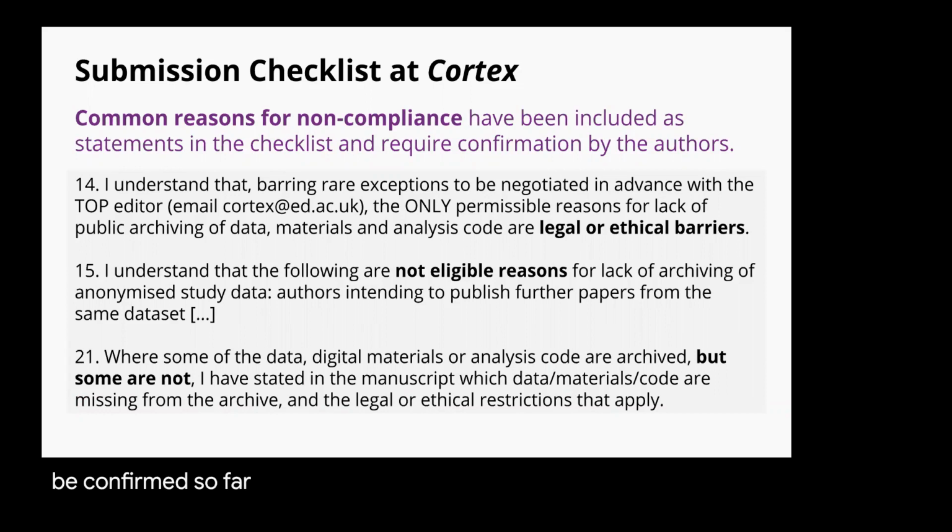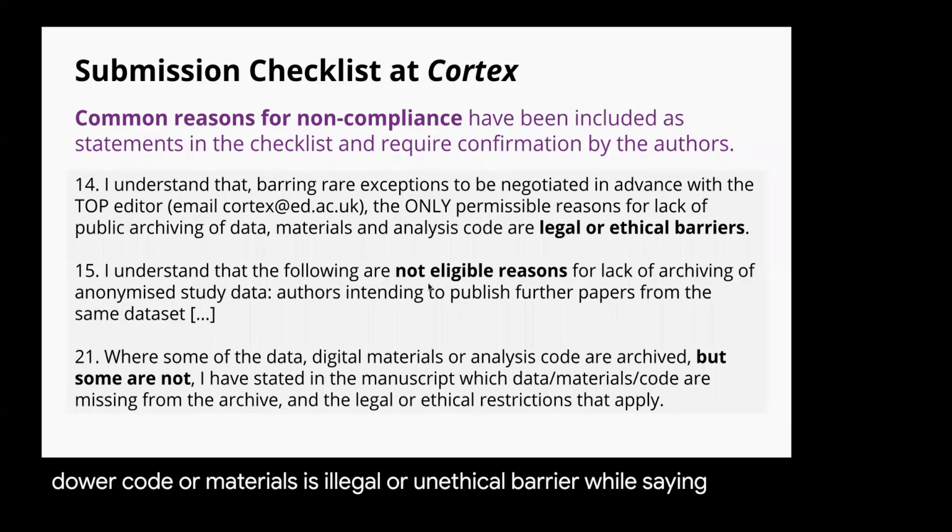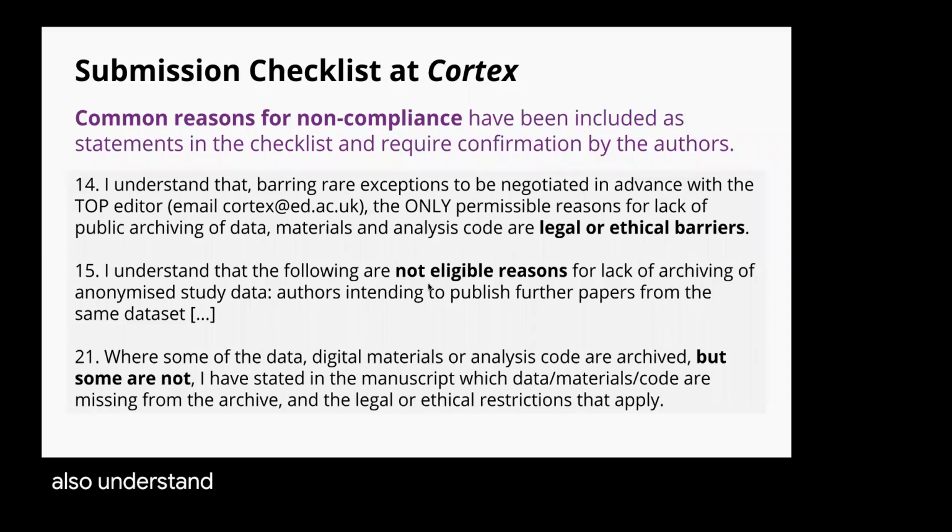So for example, the author might need to confirm that they understand that the only permissible reasons for not sharing your data or code or materials is a legal or an ethical barrier, while saying that I also understand that it's not an eligible reason for me to say, I intend to publish more papers from the same data, so I will not disclose them just yet. So these are not eligible reasons for level 2 TOP compliance. At level 1, you don't need to explain anything.